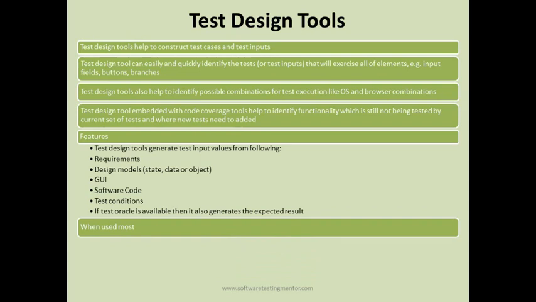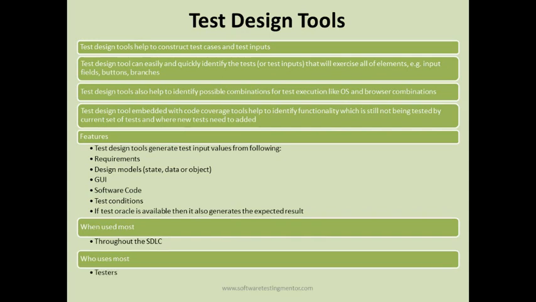Then these tools are used mostly throughout the software development lifecycle, and they are used mostly by testers. So these test design tools are kind of used by senior testers, and some of the test design tools are like All Pairs testing or ACTS, which is mostly combinatorial test design.